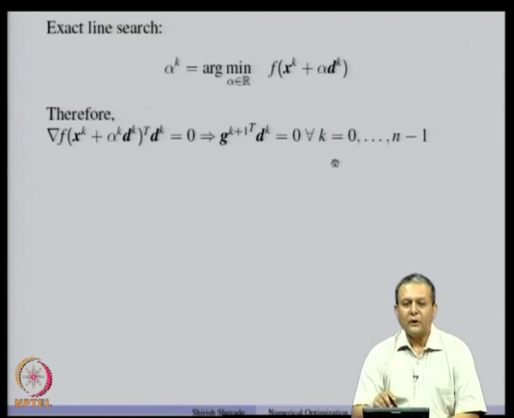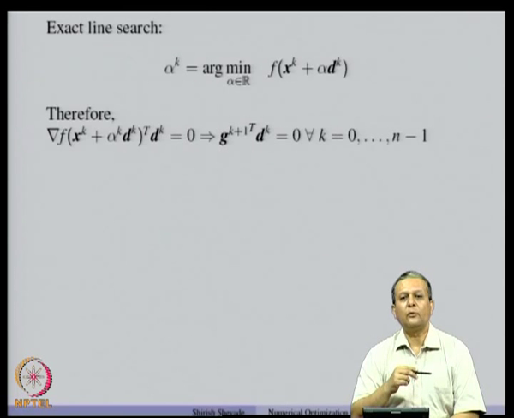So, not only is g k plus 1 orthogonal to d k, but g k plus 1 is orthogonal to all the previous directions d0 to dk, which are the k plus 1 directions. So, the gradient at a new point is always orthogonal to the subspace spanned by d0 to dk.